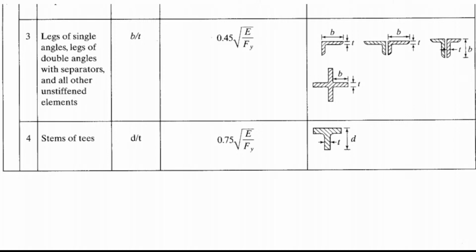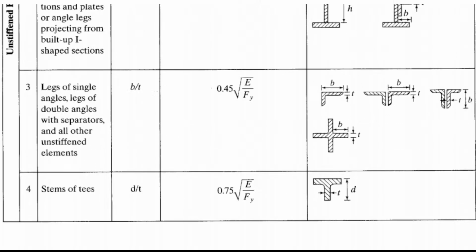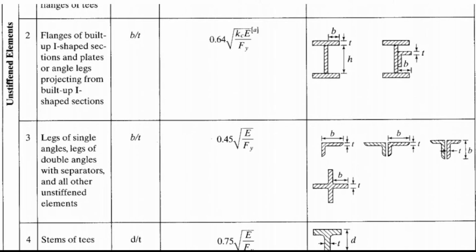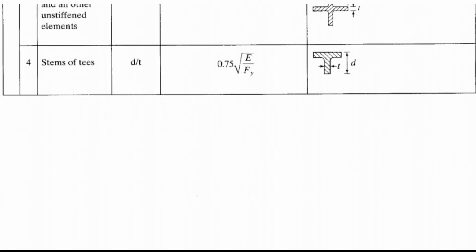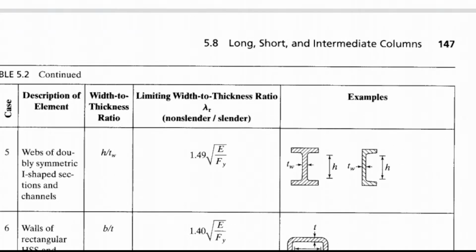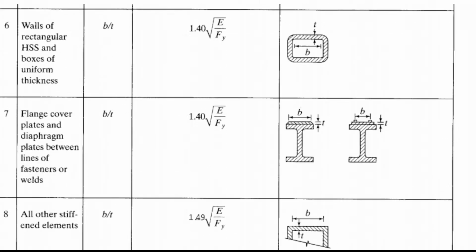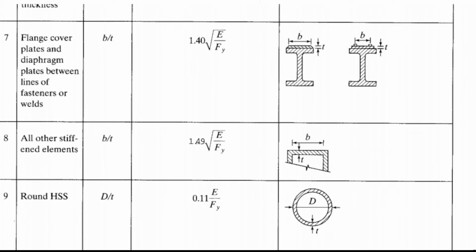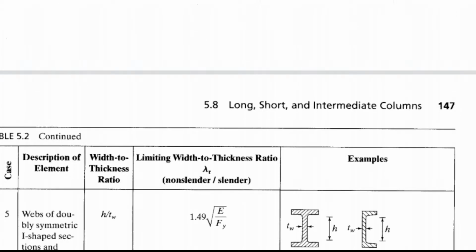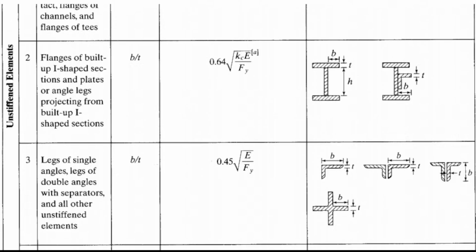Let's look, case 2, then case 3, then case 4, then case 5, case 6, 7, and 9. So, up to 9. Let us take a look at the cases one by one.